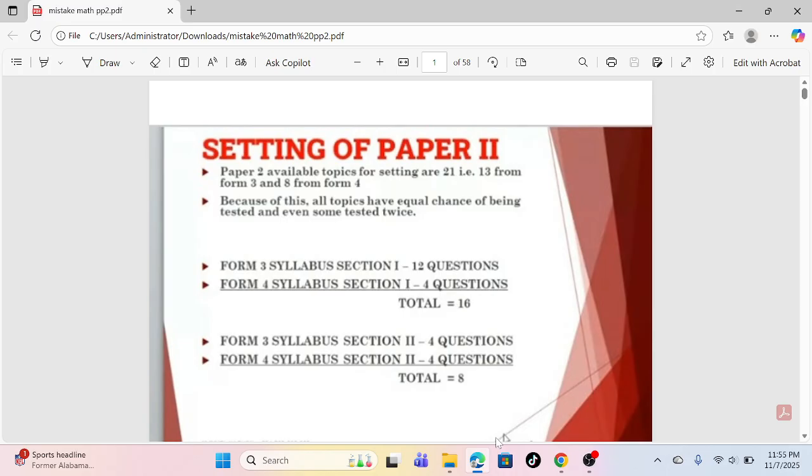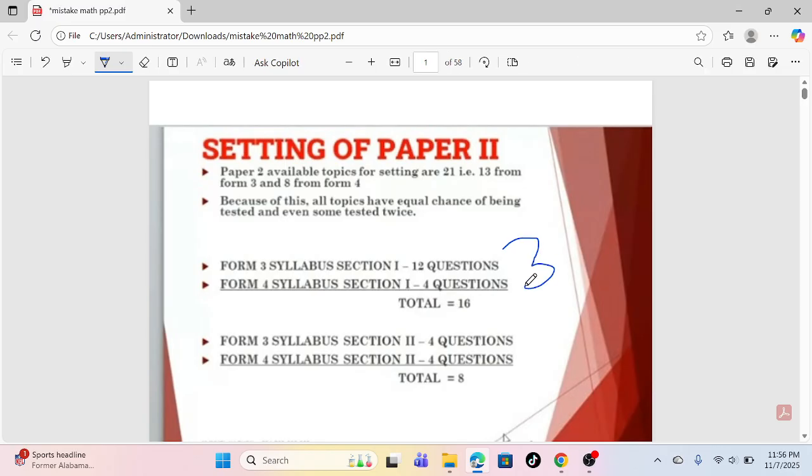So from observation, Form 3 covers 12 plus 4, that is 16 questions, and Form 4 covers 4 plus 4, which is 8. Meaning that in section 1, Form 3 covers more questions than Form 4, but in section 2 they have equal chances.